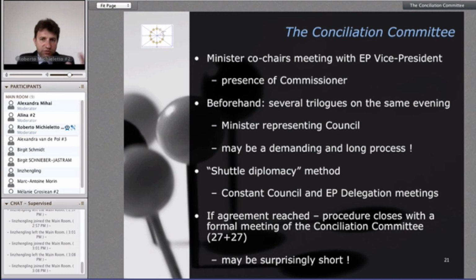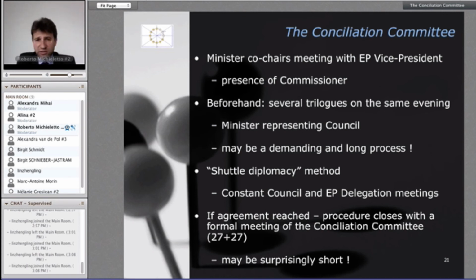If agreement is reached during one of these meetings, they have to close the procedure with a formal meeting, the conciliation meeting. And as you may understand, as it's quite difficult to find a compromise, they are quite hard. So when they find a compromise and go to the conciliation meeting, it is surprisingly short. I mean, less than 5 and even 2 minutes sometimes, because they go there, they say, okay, the conciliation committee is officially open.